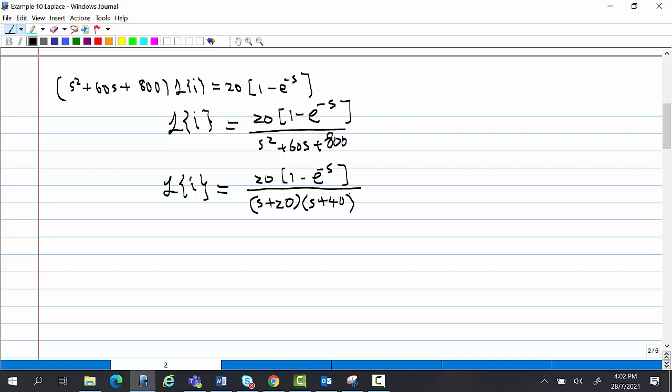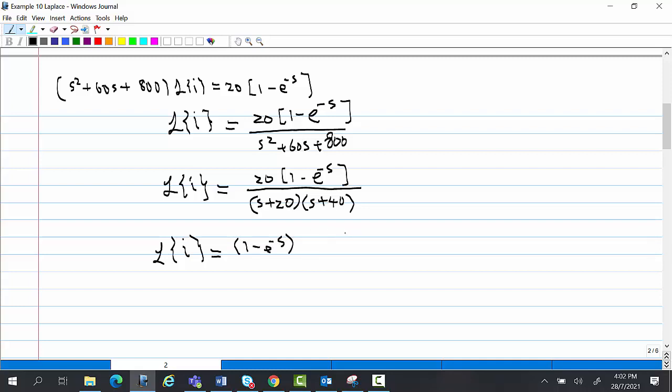Okay. Then how to find i here? We need to do partial fraction. So let's take out 1 minus e power minus s first.